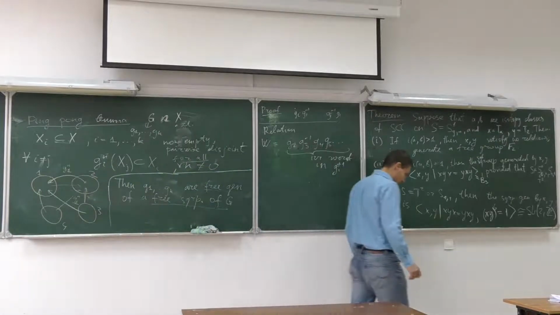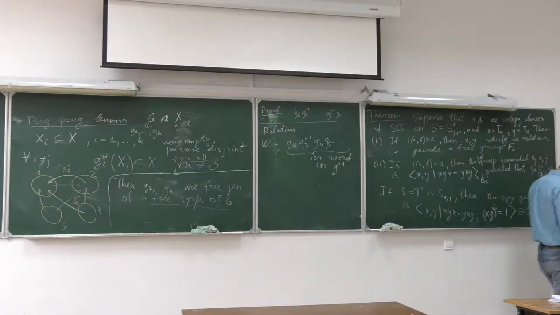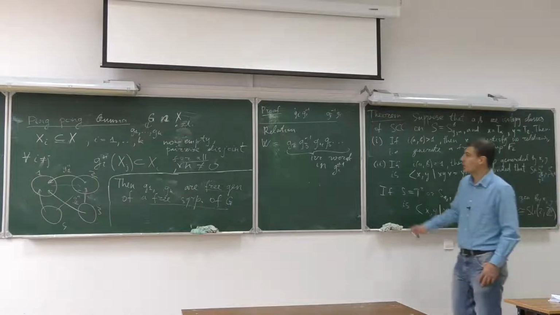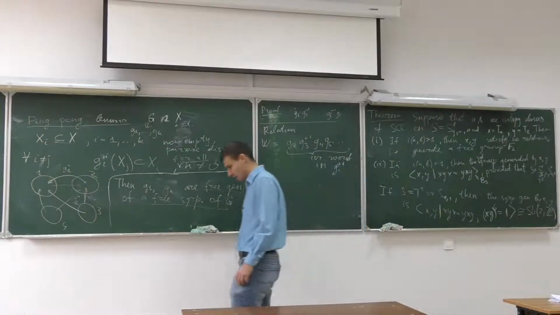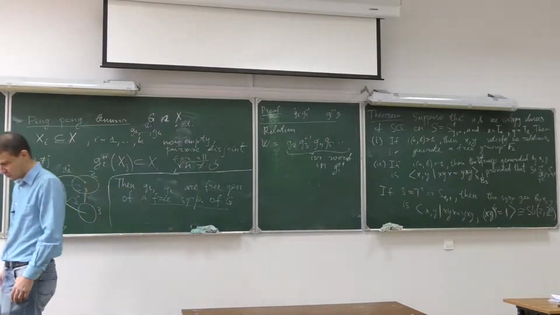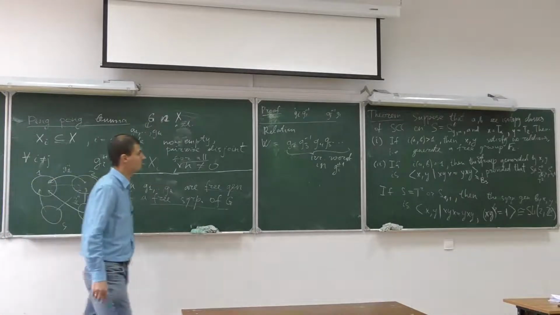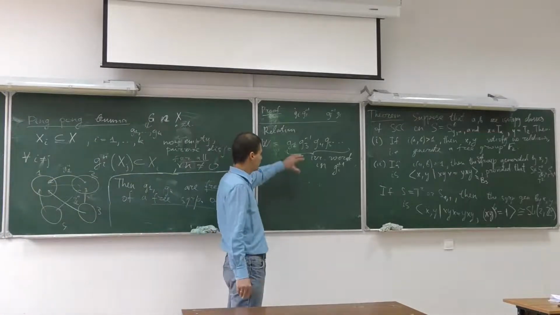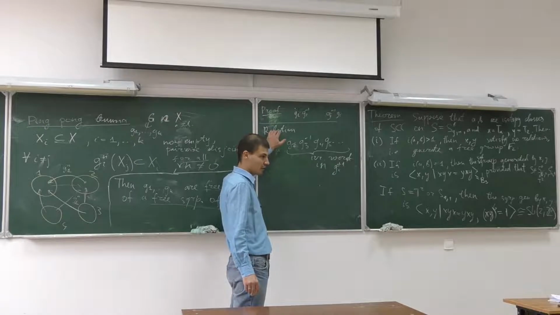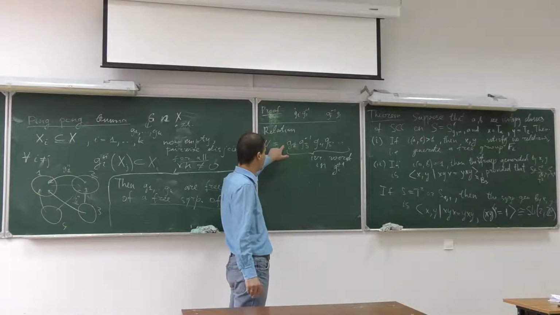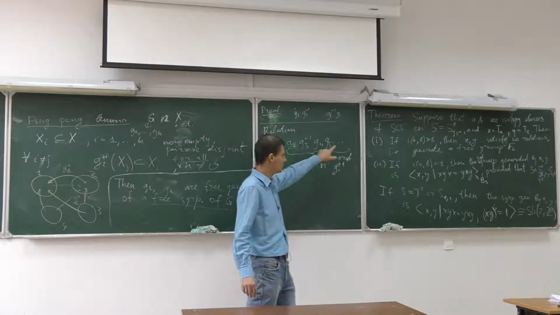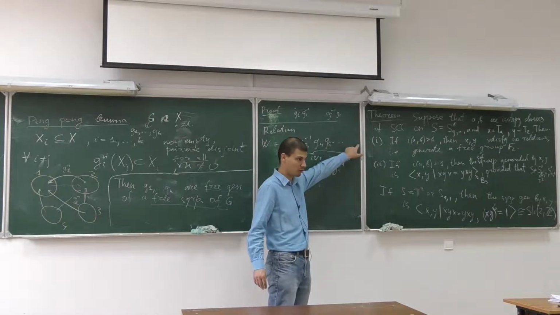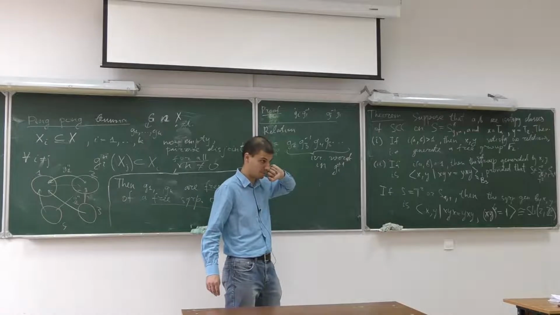Okay, if we have such a word, then we can always achieve that. We can always obtain another relation which starts from a non-trivial power of G1 and ends with a non-trivial power of G1.